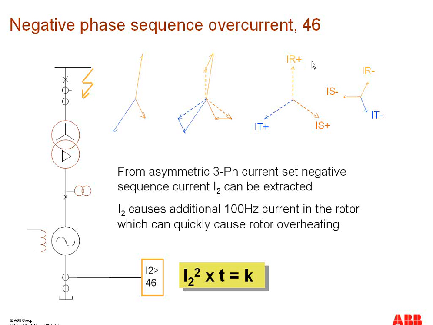Right here, you have the positive sequence quantities and the negative sequence quantities, and these are your asymmetric three-phase currents. The relay calculates the negative sequence quantities, and by using this model, it can calculate the rotor heating limits.